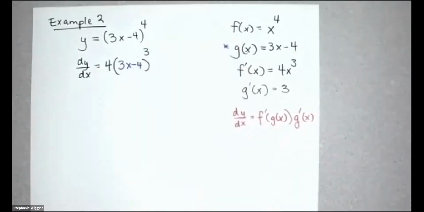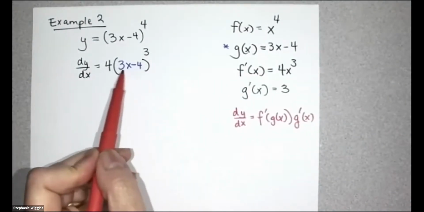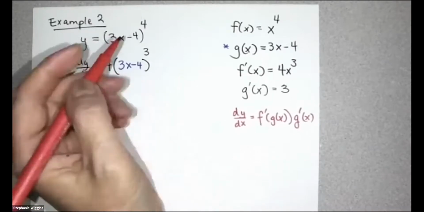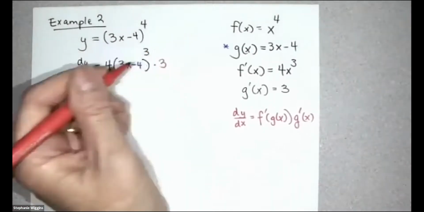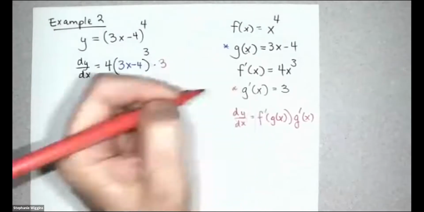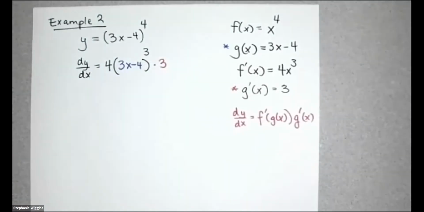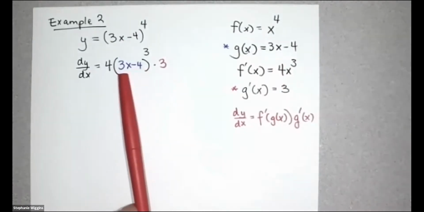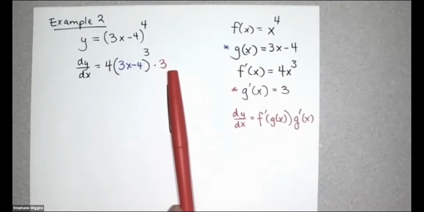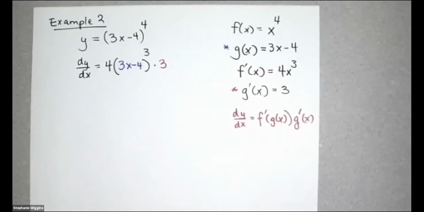Okay, that's this function going in there. And then by the chain rule, I want to multiply by the derivative of this inside function, which is 3. Okay, so that is the application of the chain rule. The inside function gets plugged into the derivative, but then you got to multiply by the derivative of what's inside.